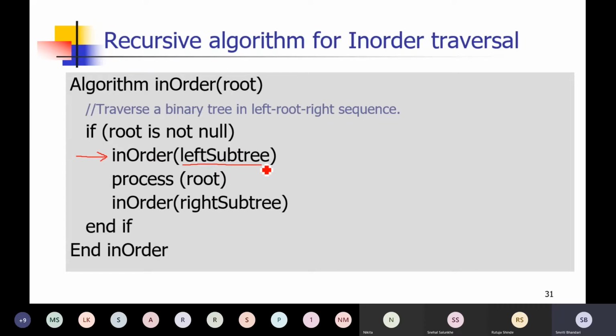So after processing in order fashion our entire left subtree, we are going to process the root node. And after processing the root node, we are once again going to call recursively in order traversal algorithm with address of right subtree.